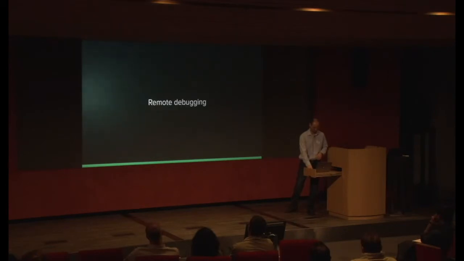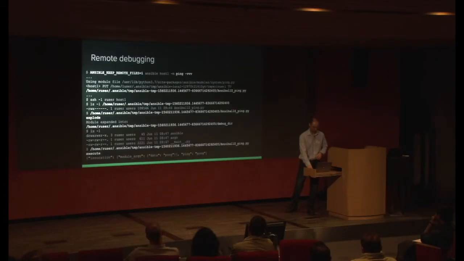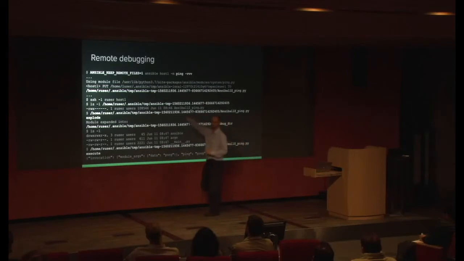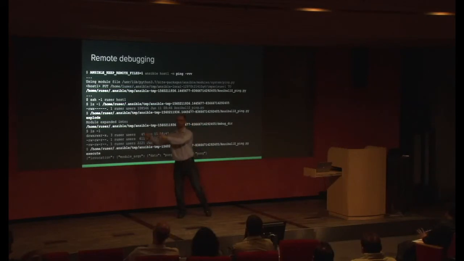What you can do on the remote side is debugging. So that's the first command on top. How Ansible works is that it copies the files over, runs them, then deletes them and returns, and you get only the output of the module, right? So no files remain on the remote side.